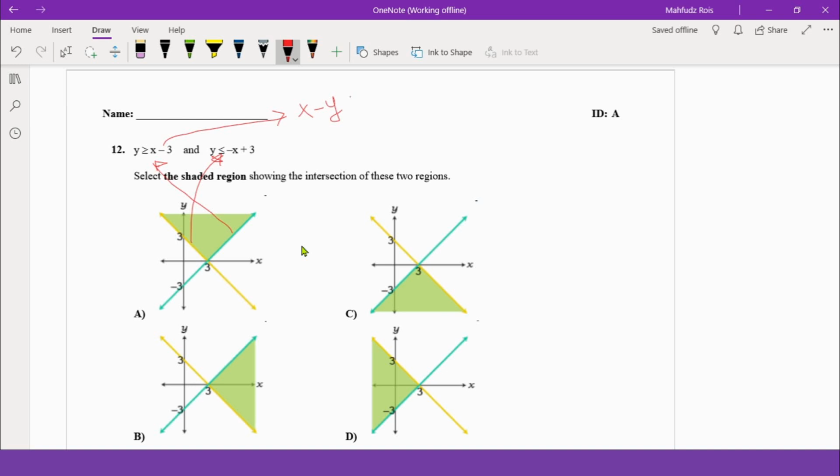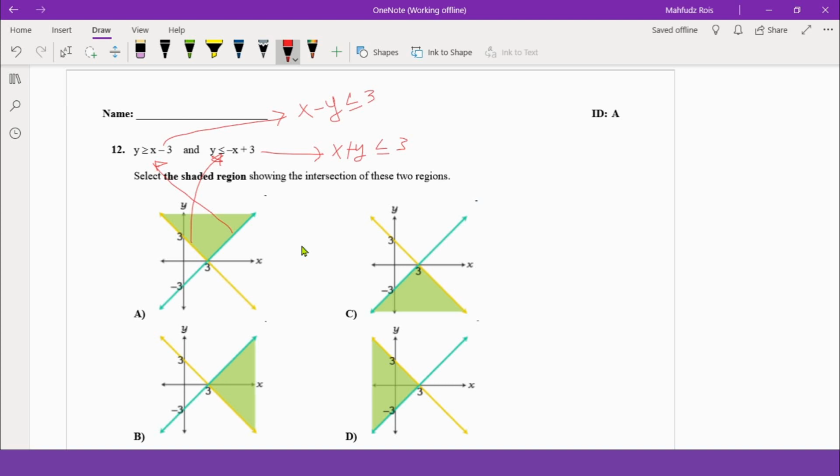So it will be x minus y less than 3 if we rewrite that. And for the other one, if we move to the left, it will be like this, right? You can check the region by choosing any point.